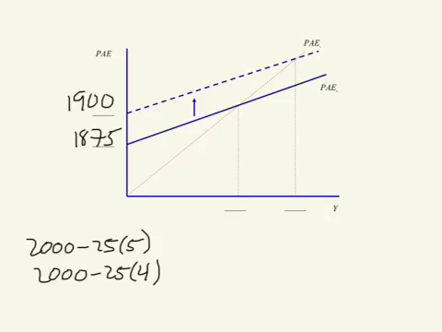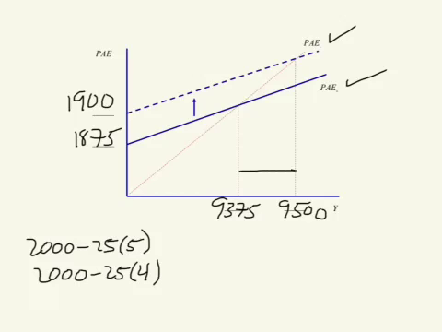So the equilibrium we calculated initially for the initial spending line was 9,375. And the new equilibrium for the new spending line, when I lowered the interest rate, was 9,500. So those are the two equilibriums.